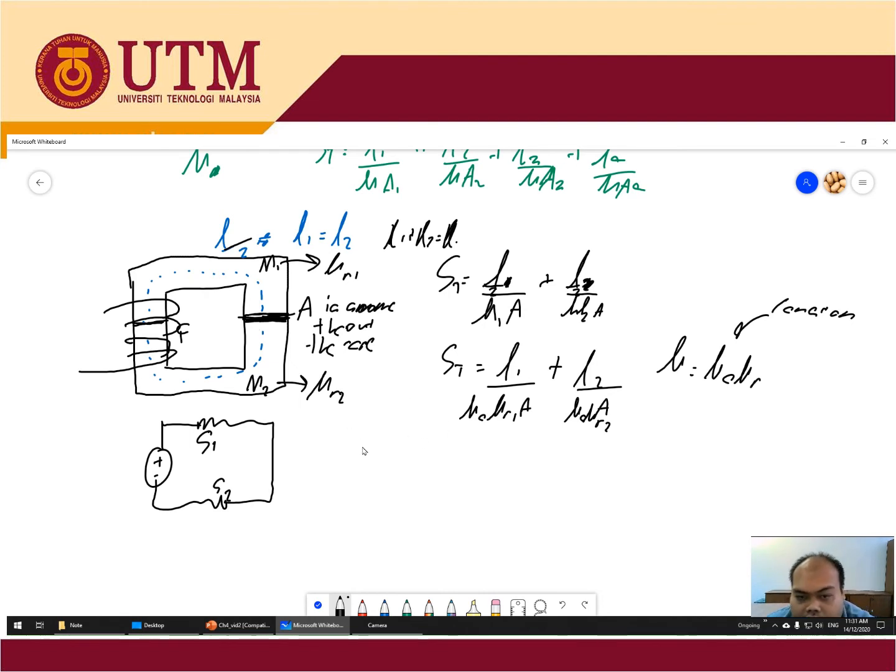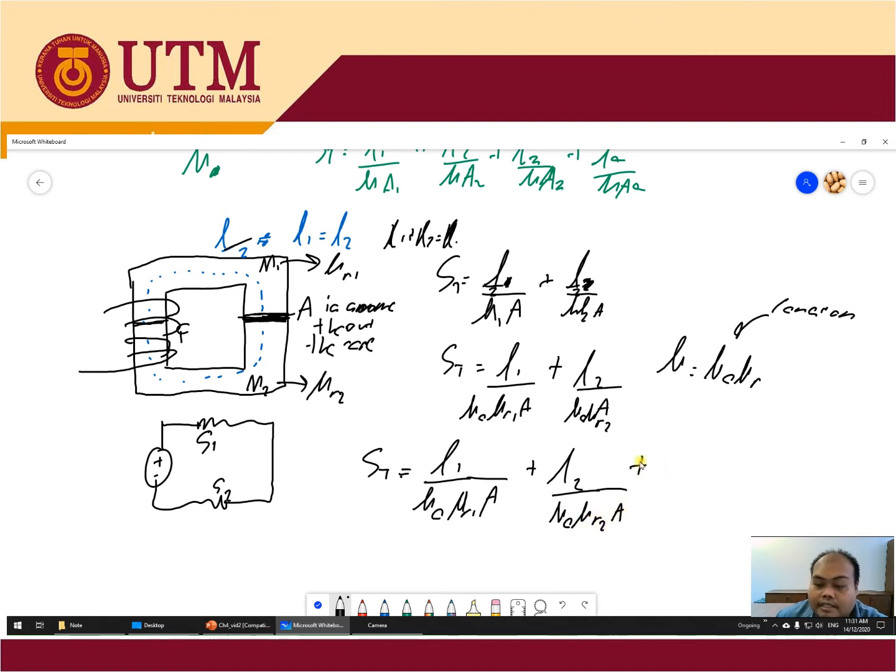So ST is equal to the same as here, L1 divided by mu naught mu R1 A plus L2 divided by mu naught mu R2 A, and then plus, because you add a gap, you get an S gap.